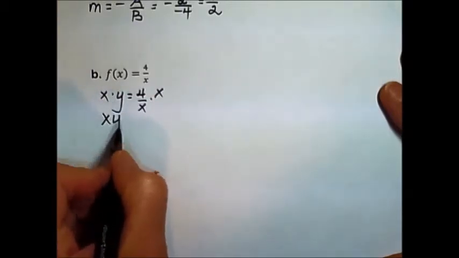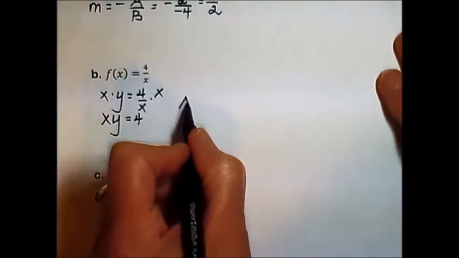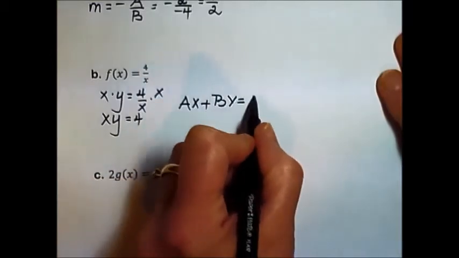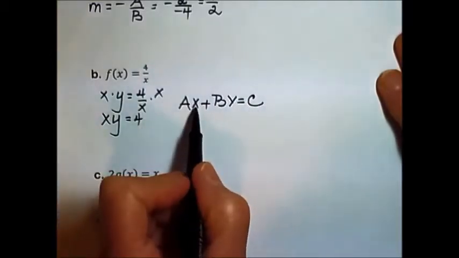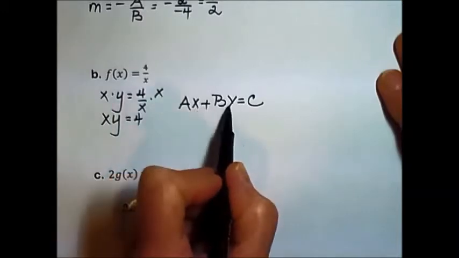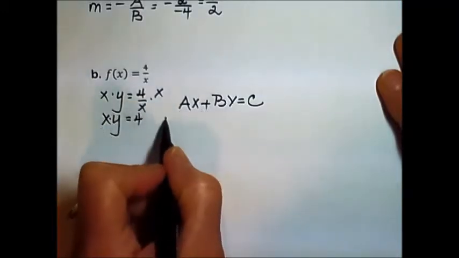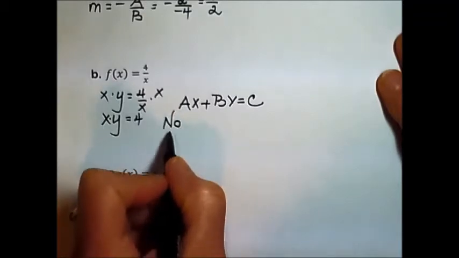That leaves us with x times y is equal to 4. Well, if we look at that standard form for a linear equation, ax plus by is equal to c, the variables x and y need to be added together, not multiplied. So this would not be a linear equation.